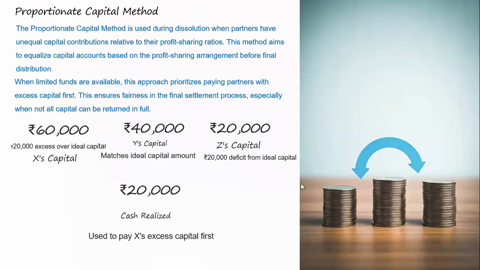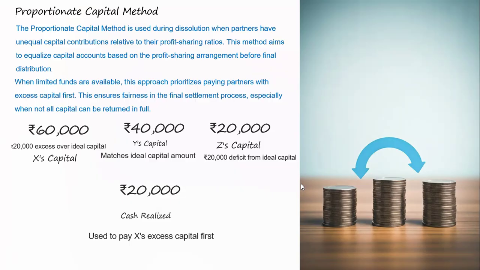And this is the other important or popular method with regard to dissolution of the firm. The proportionate capital method and the maximum loss method are usually applied when there is total dissolution of the firm. It may be by order of a court of law, or by mutual agreement among the partners, or any voluntary closure, or mandatory by law.